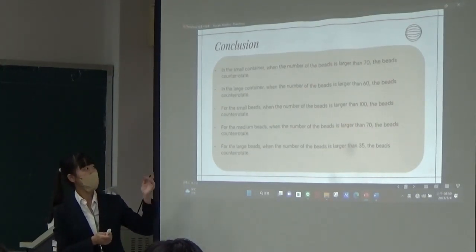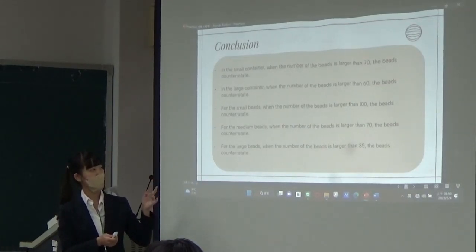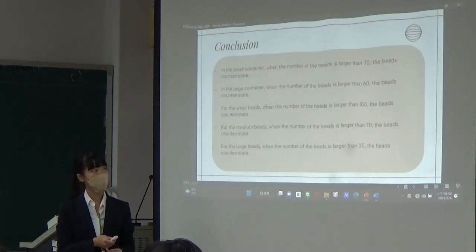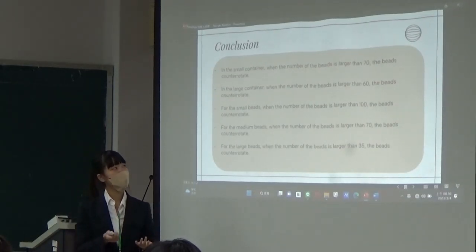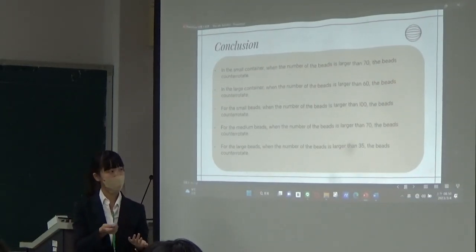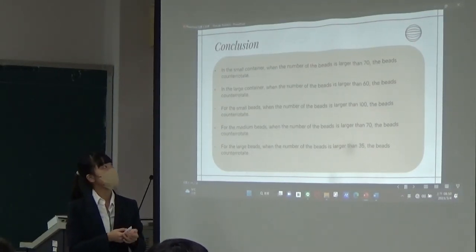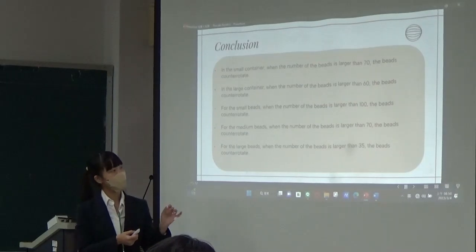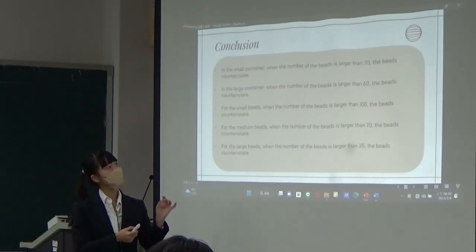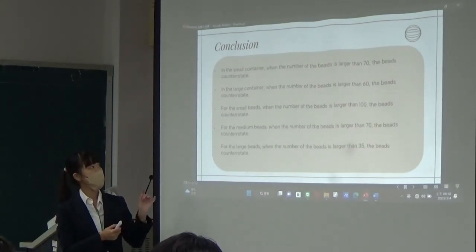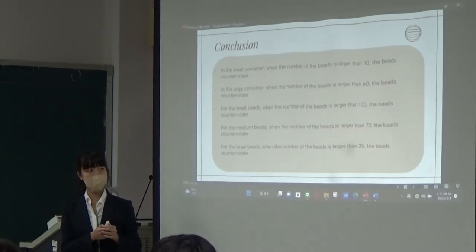And for the small beads, medium beads, and large beads, the number of beads has to be more than 100, 70, and 35. So a smaller container needs more beads, and a larger container needs fewer beads.